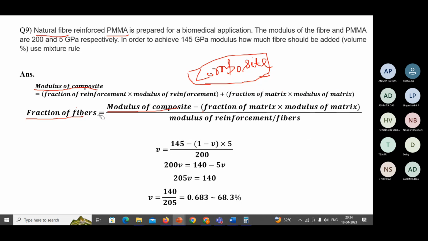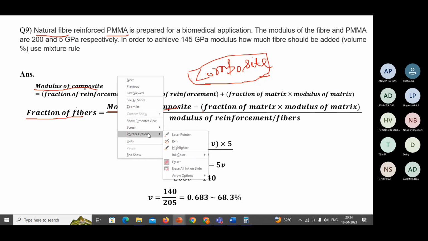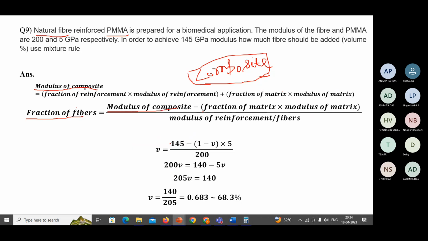So now, for our convenience, we assume the fraction of the fiber as small v. So small v equals, the modulus of the composite is given as 145 GPa, so we write down 145 in the place of modulus of the composite.